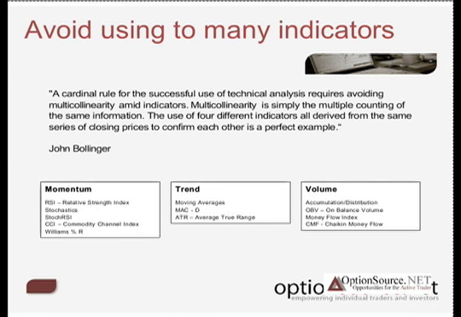But the fact is, there's only so many pieces of information that any one indicator can calculate, and what a successful technical analyst has to do is find indicators that are analyzing different pieces of information instead of putting 3 or 4 different indicators in place that are telling them essentially the same thing.